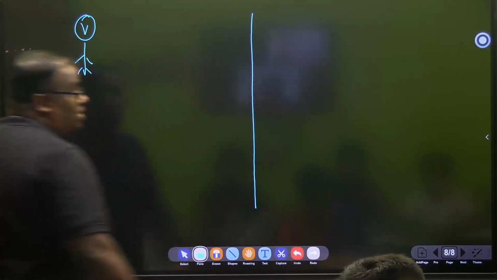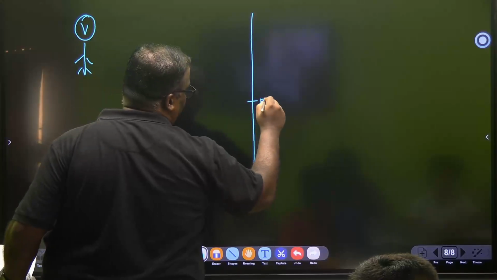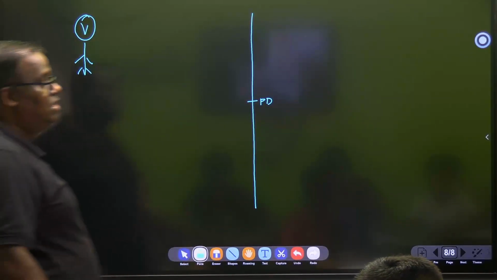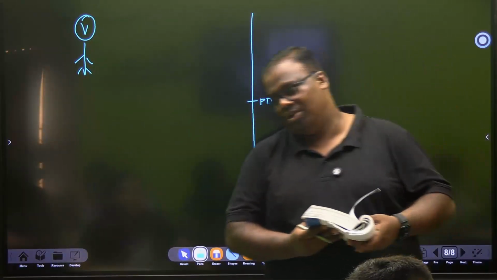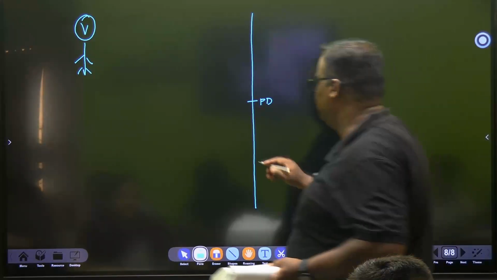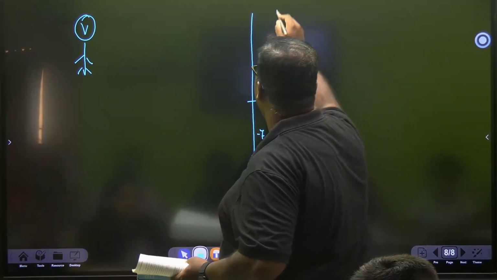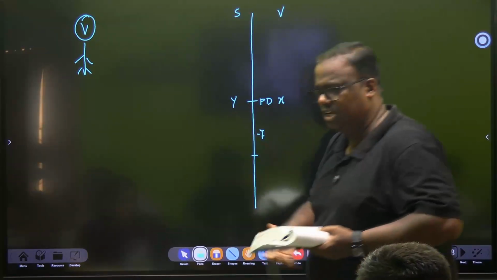Now see how the question is read. 7 years ago. So what do we do? First make PD. Agreed? 7 years ago. So the question starts with 7 years ago. Right? So we are here, minus 7. So just take, let this be Varun and let this be Swati. Let Swati be Y now for the time being.